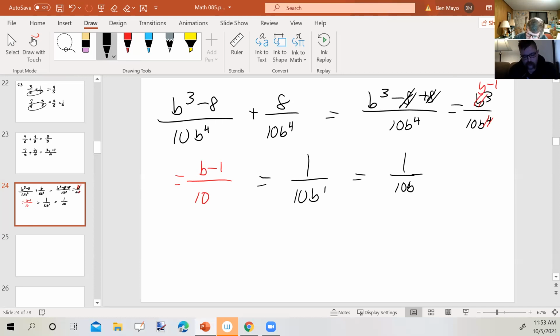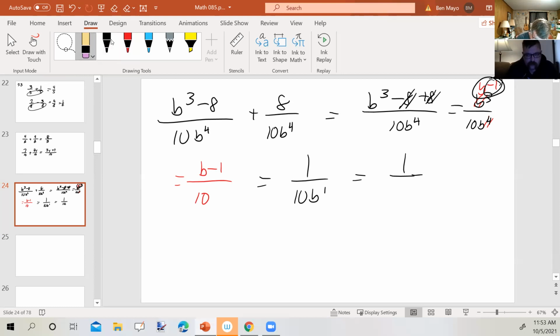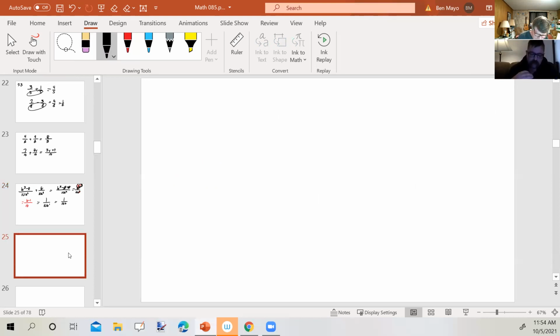Because recall, if you have a base to a negative exponent, you move it to the other side of the fraction bar and it changes the sign of the exponent. We okay with that? Anything there I need to go into more detail? Okay, let's see if we can write that a little clearer. That's 1 over 10b. Okay, let's see here. What about this one?